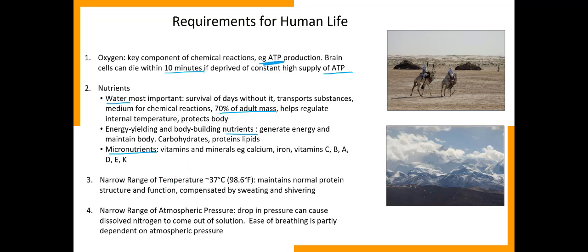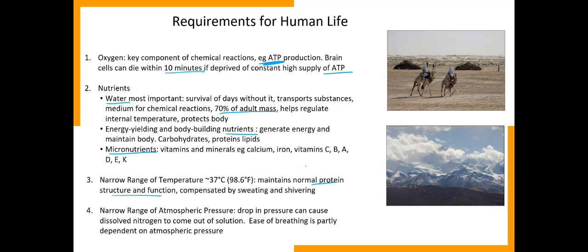The third thing is that our body can only function in a fairly narrow range of temperature, around 37 degrees Celsius or 98.6 degrees Fahrenheit. This is optimal body temperature, so that proteins that we're going to look at 2 lectures from now can actually be functional, so that our bodies can work.